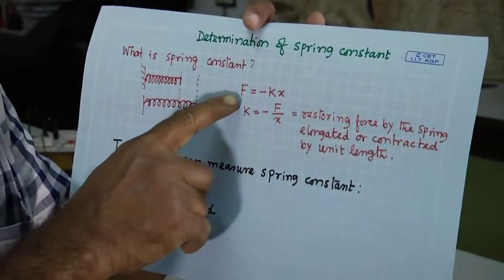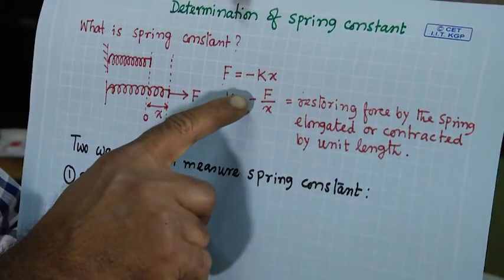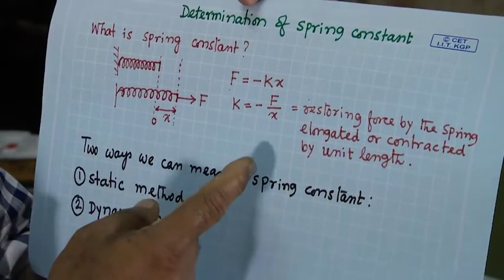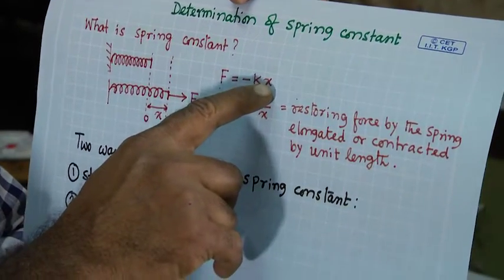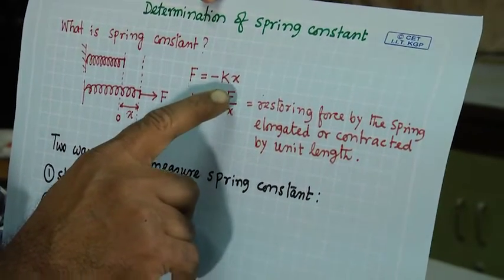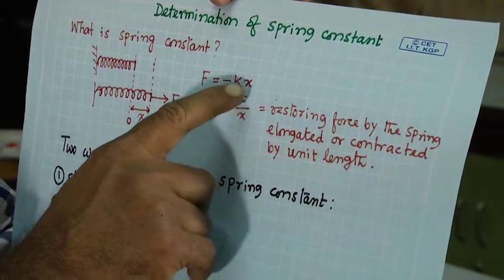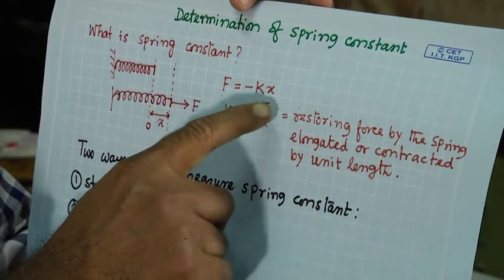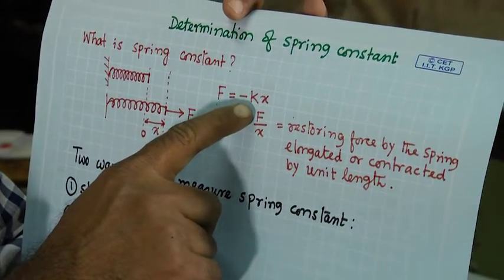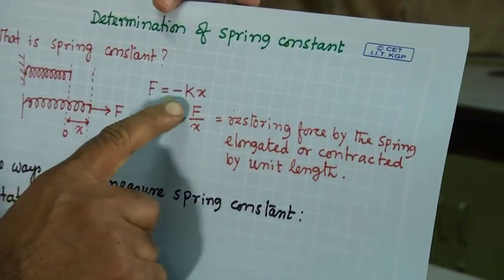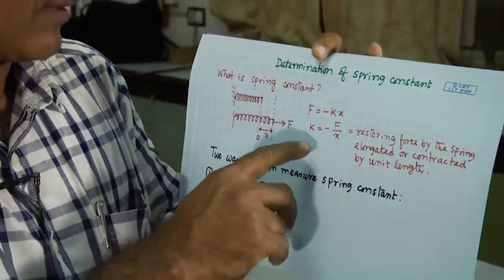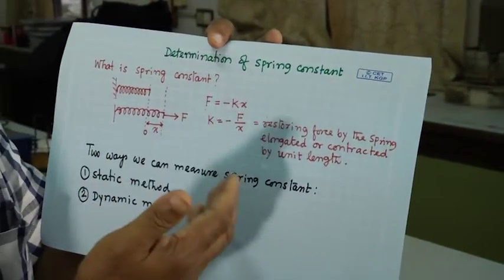If this force is F, and the extension or elongation or contraction of the spring is x, then the force and the elongation are proportional, so F equals minus kx. Here k is the proportionality constant, called the spring constant. The minus sign is there because in elasticity we always consider the restoring force.